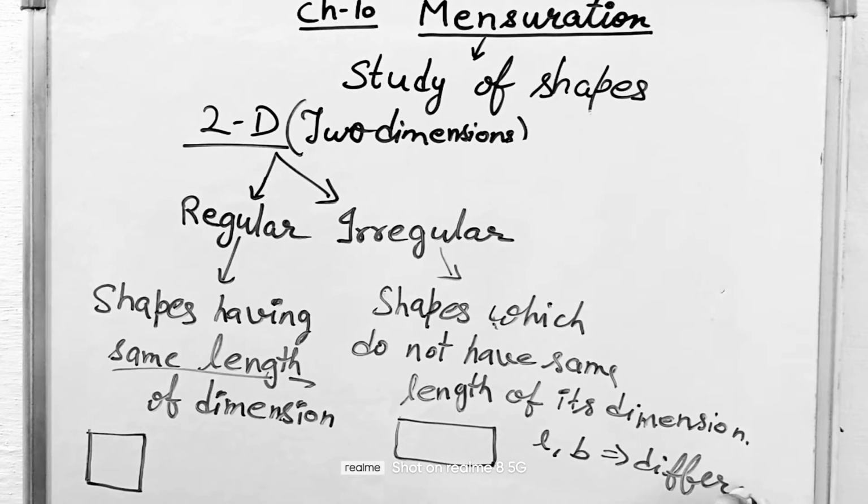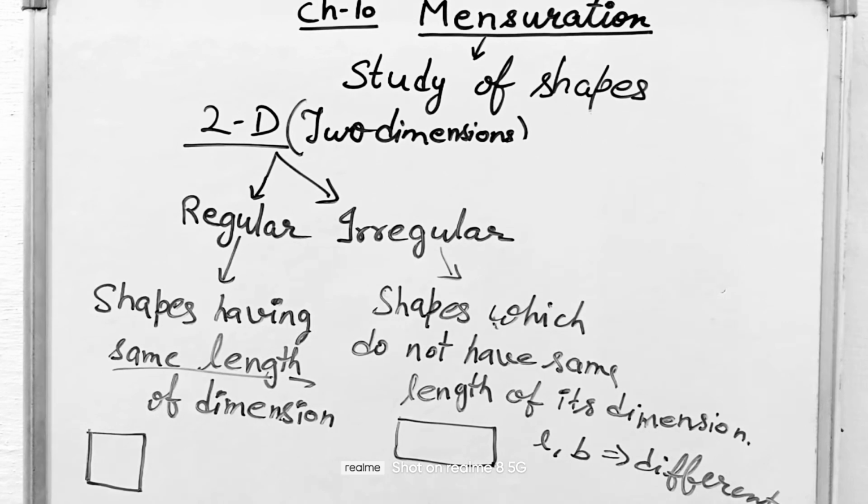They are not equal in length. So that is why rectangle is an irregular shape. So any shape which is having same length of all of its sides will be known as regular shapes, and the shape which is not having same length of its all sides, that will be known as irregular shapes.